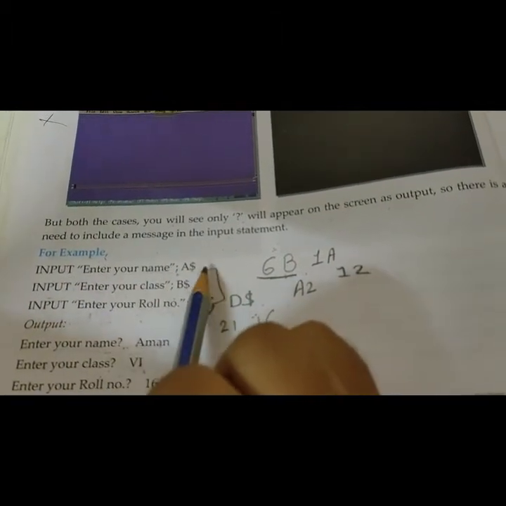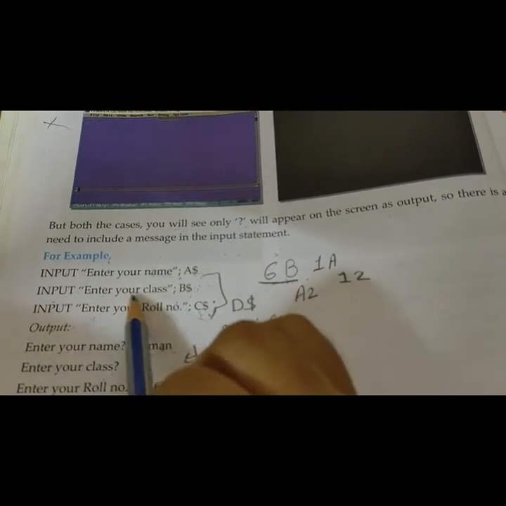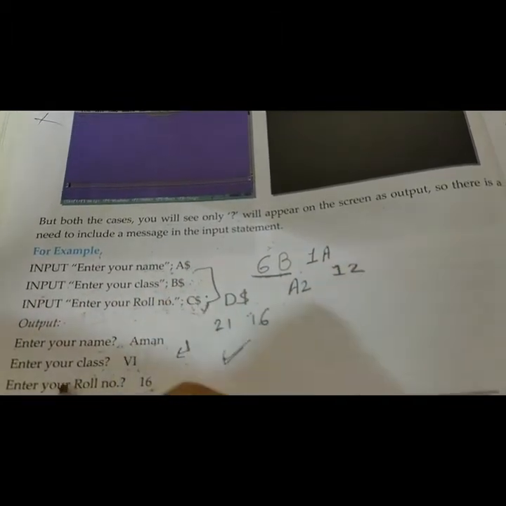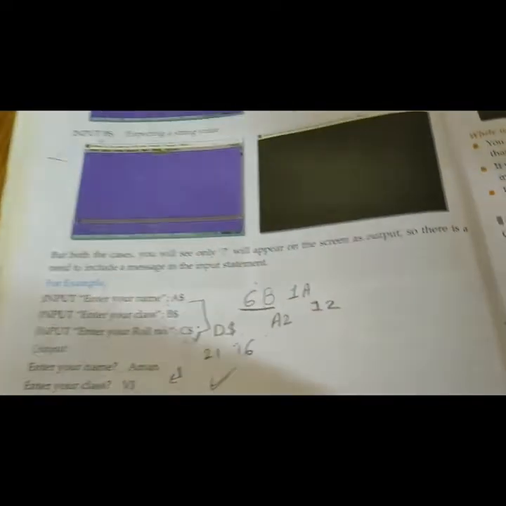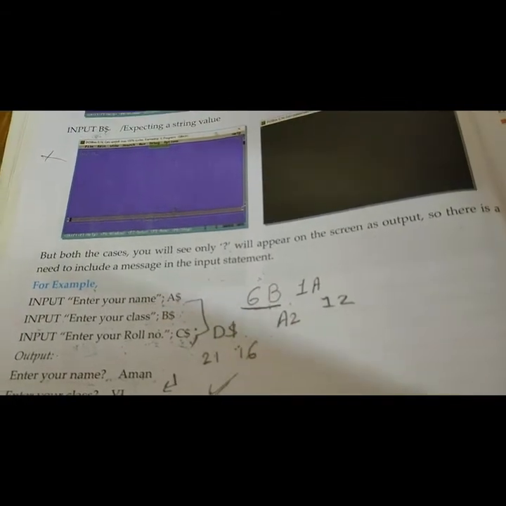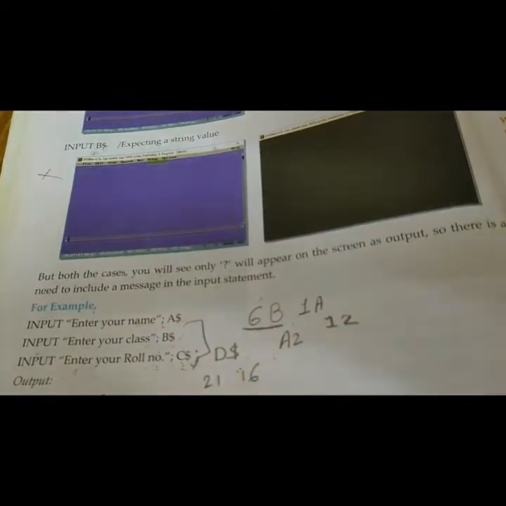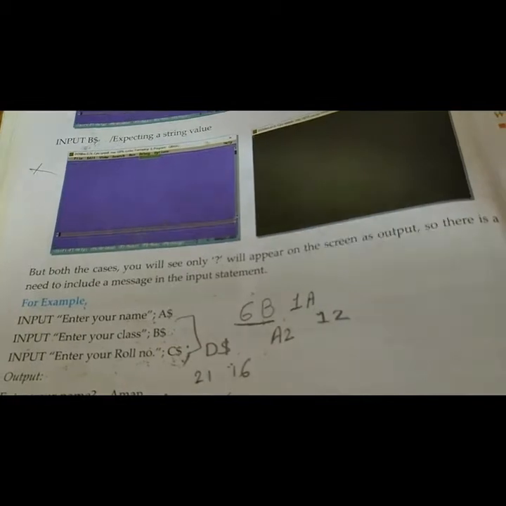For example, input "Enter your name"; A$. Input "Enter your class"; B$. The $ means the name is always in characters. Class is also a string using characters, and numbers also. You can use class as a Roman number also.